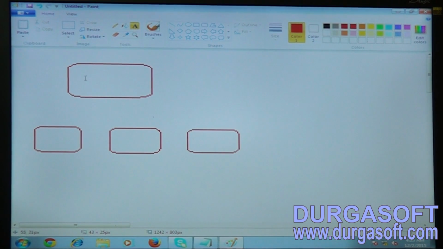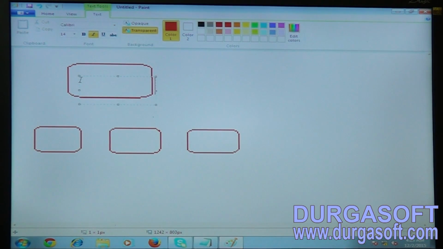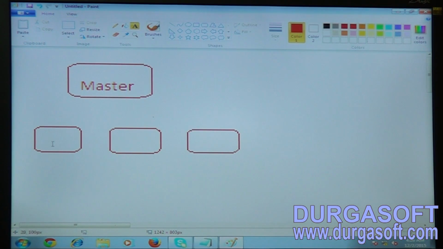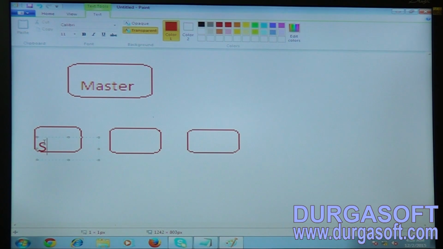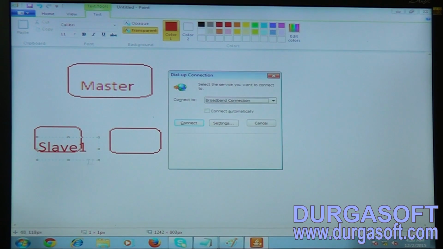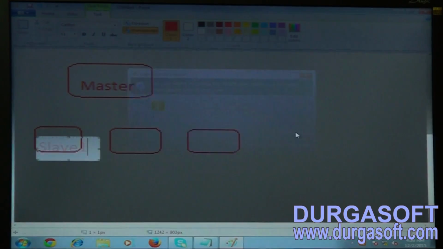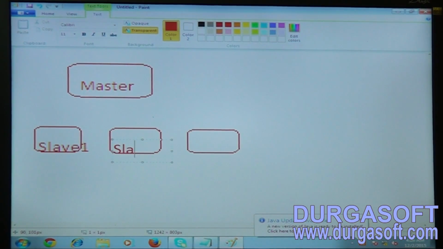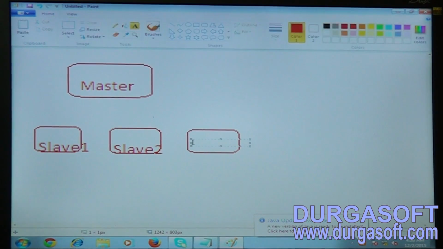Here we can call this a master node. This is my master node. These are all my slave nodes. I can say this is slave 1, this is my slave 2, and then this is my slave 3.